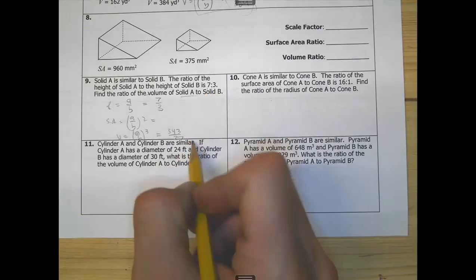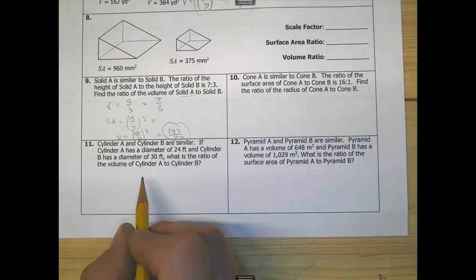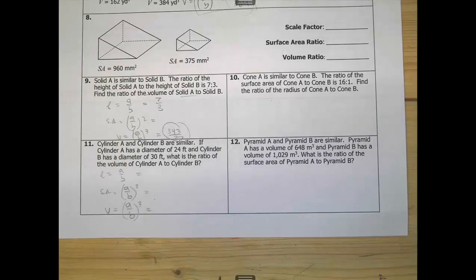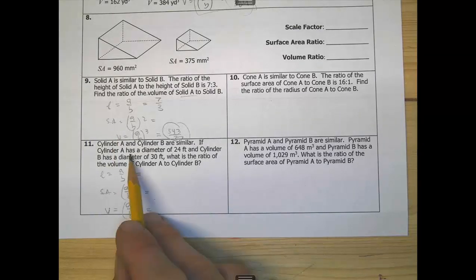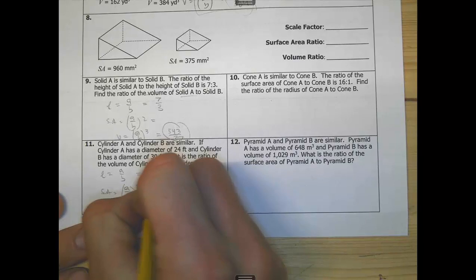All right, let's try 11 then. Once again, I'm going to write out these three quantities for length, surface area, and volume. It says that we're talking about a diameter of cylinder A to a diameter of cylinder B, 24 to 30. So that is a ratio of length, a one-dimensional ratio.